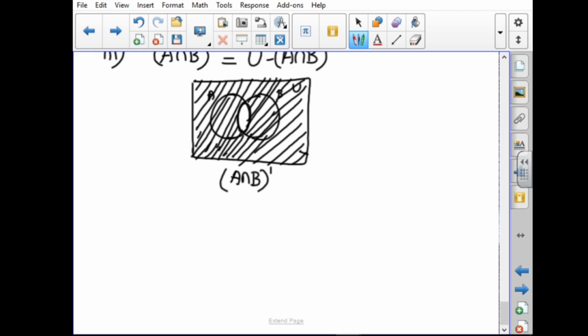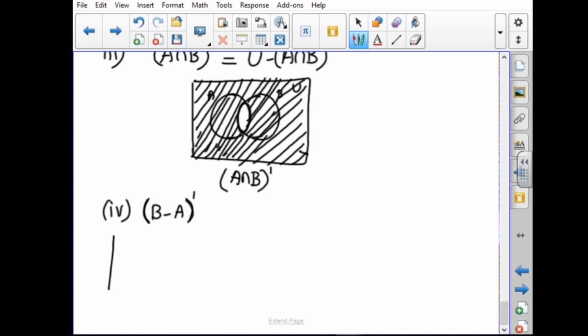Then the fourth one, B minus A whole dash. If they are asking the complement, before you find the bracket values, you first have to find B minus A, then you can use the complement.